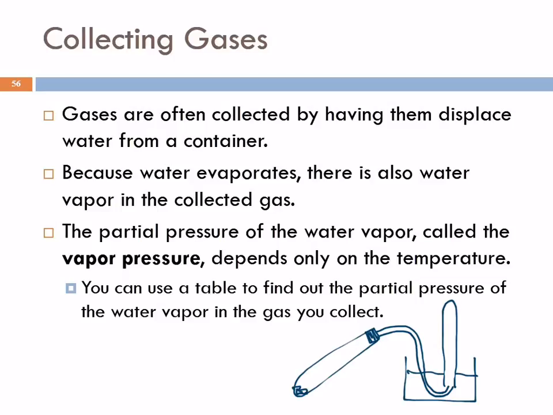As the gas is pushed out of this test tube, it's going to go through the tube, and it's going to bubble up, and it's going to displace the water. And we'll see that the water level goes down as this gas begins to fill up the inverted container. Does that make sense?